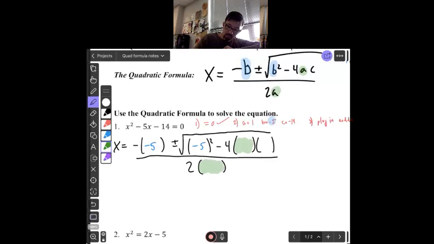Looking at these, my A value is 1, so I'll plug 1s into those spots. And then what we're missing is C, your C value here, -14.